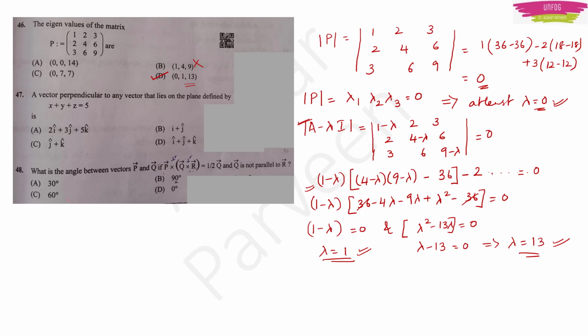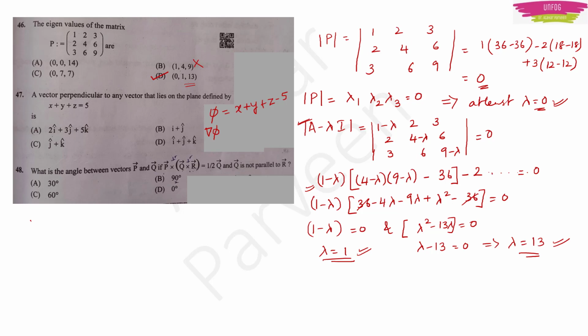Okay, next question. A vector perpendicular to any vector that lies on the plane defined by x plus y plus z is equal to phi is. So here phi is given, which is equal to x plus y plus z minus phi. Now if I have to find one vector which is perpendicular to this, I do del phi.